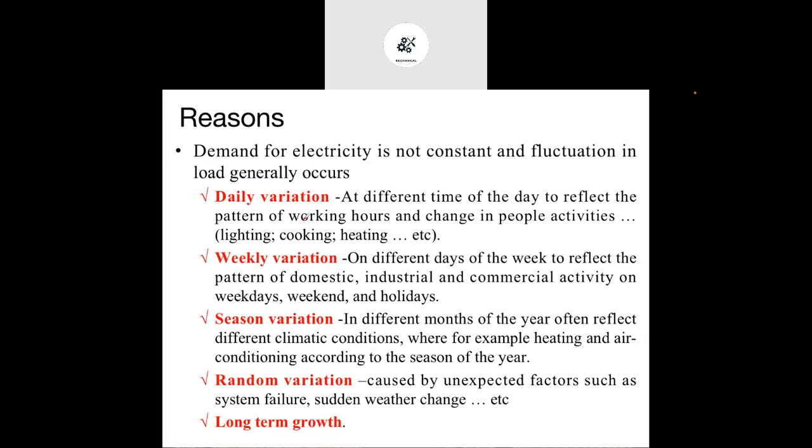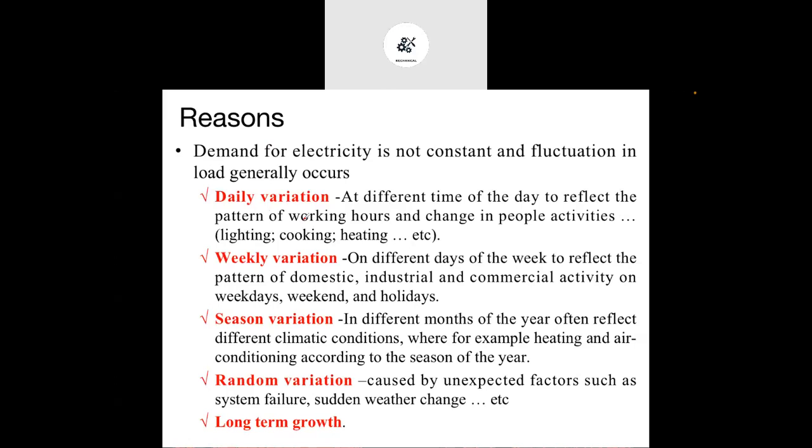Weekly variation is because different days require different demands. During the weekend, the consumption of electricity will be reduced. So that is the weekly variation.